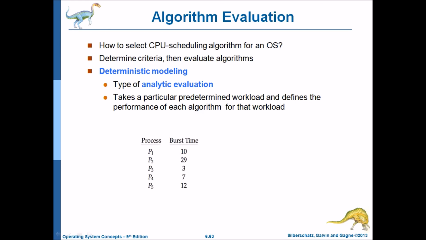Given the example, assuming we have the workload shown below, all 5 processes arrive at time 0 in the order given: P1, P2, P3, P4, P5.